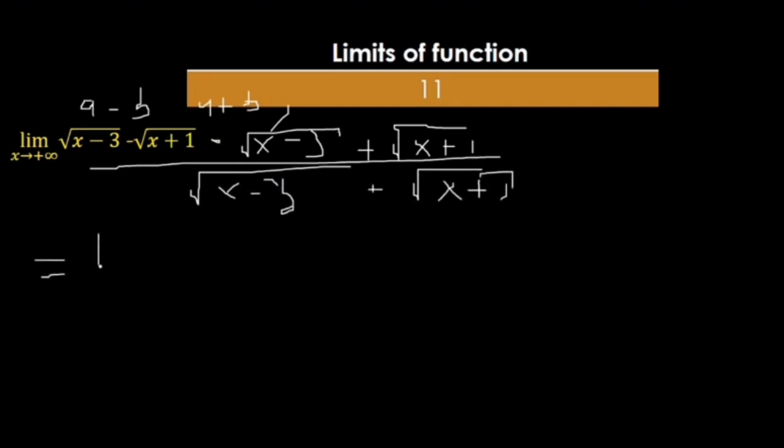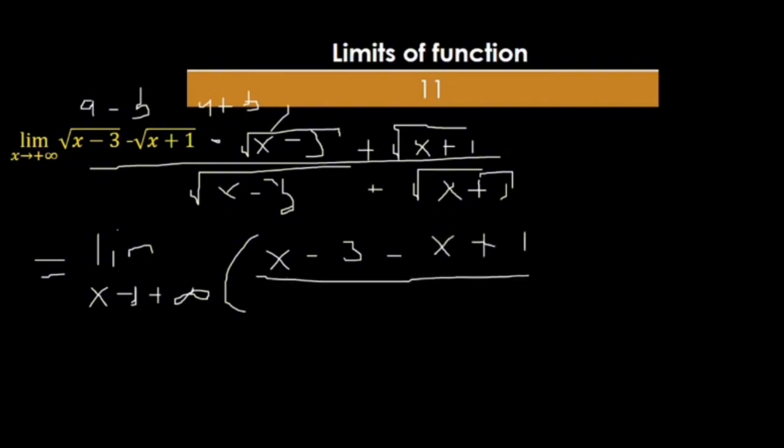This is equal to the limit as x tends to plus infinity of (x minus 3) minus (x plus 1) all over the square root of x minus 3 plus the square root of x plus 1.